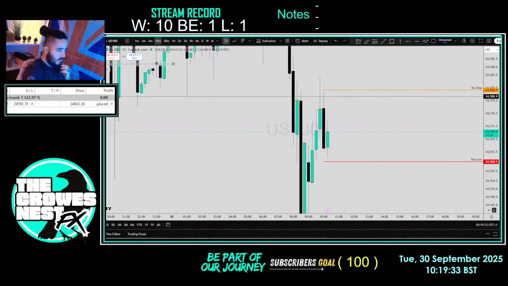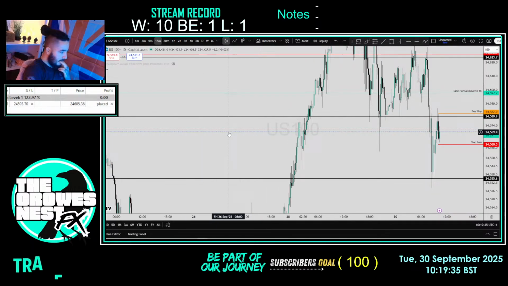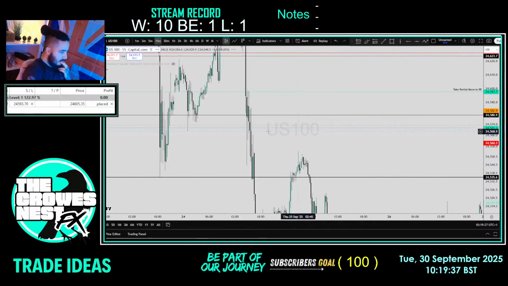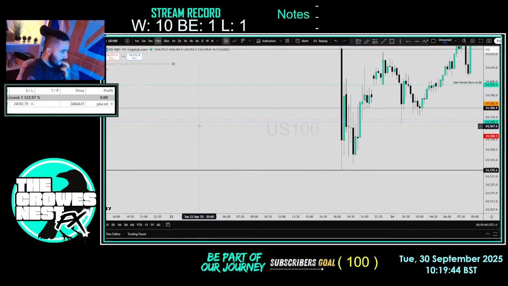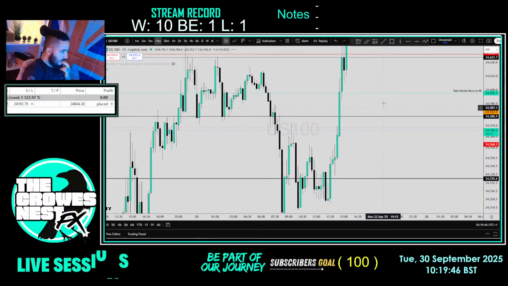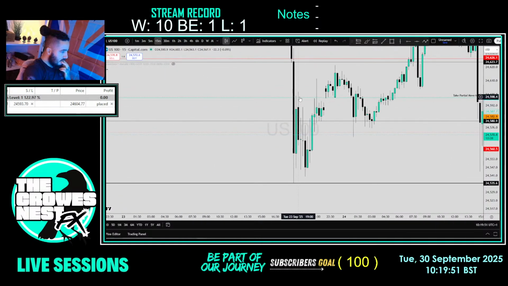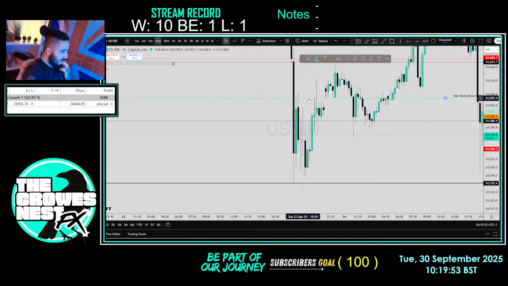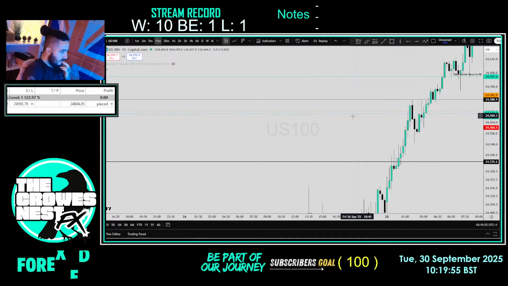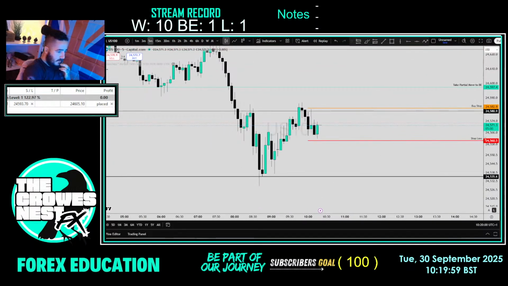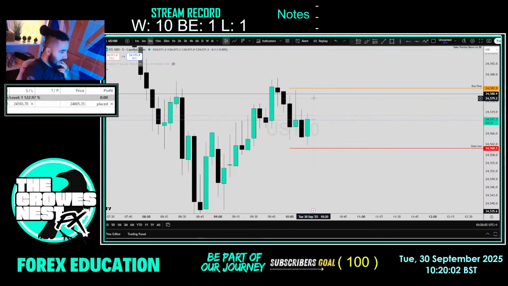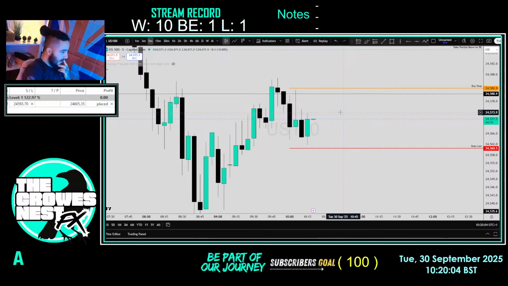But this 15 could drive back up. That's the downside. Okay, let's see if we get a bottom wick.